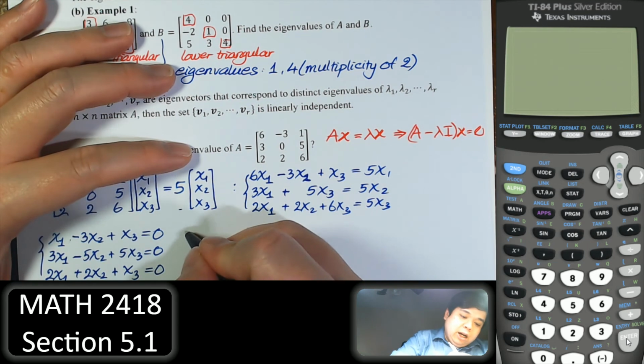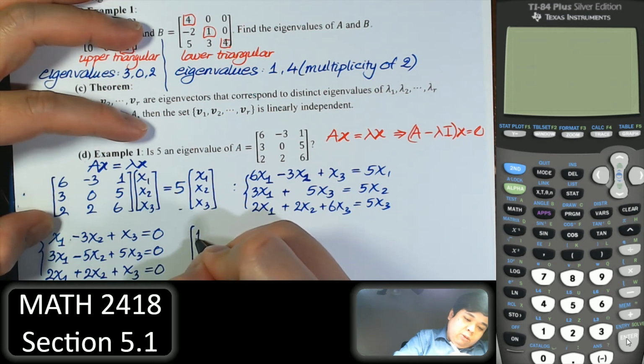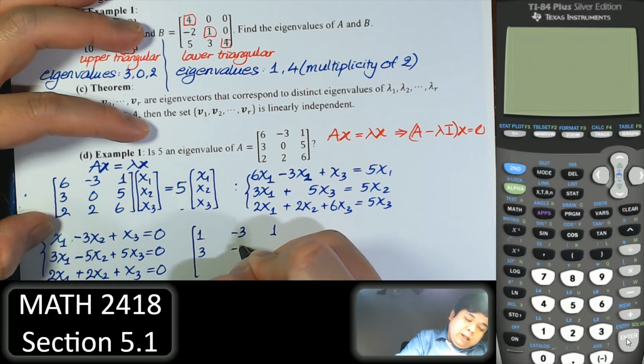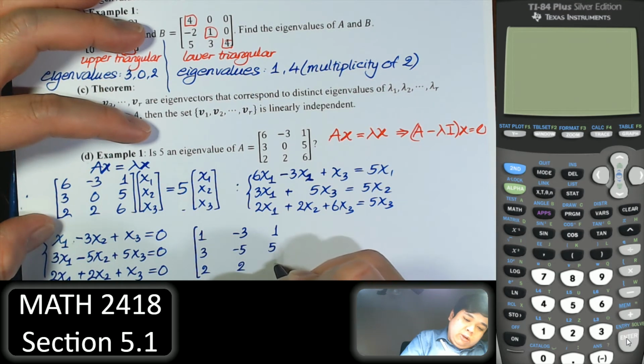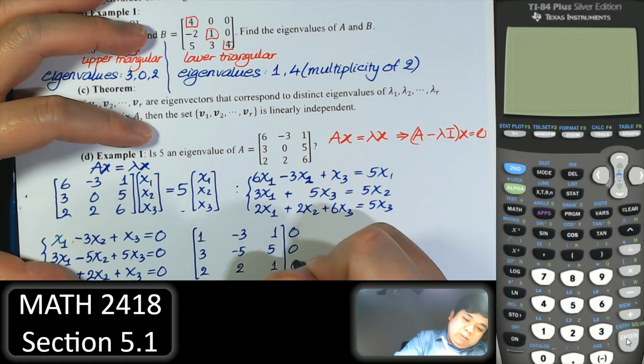So we have the augmented matrix of 1, negative 3, 1, 3, negative 5, 5, and 2, 2, and 1.